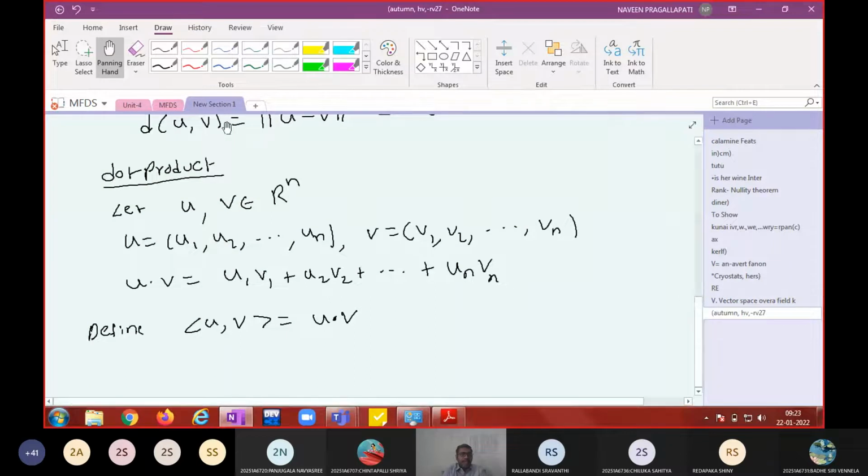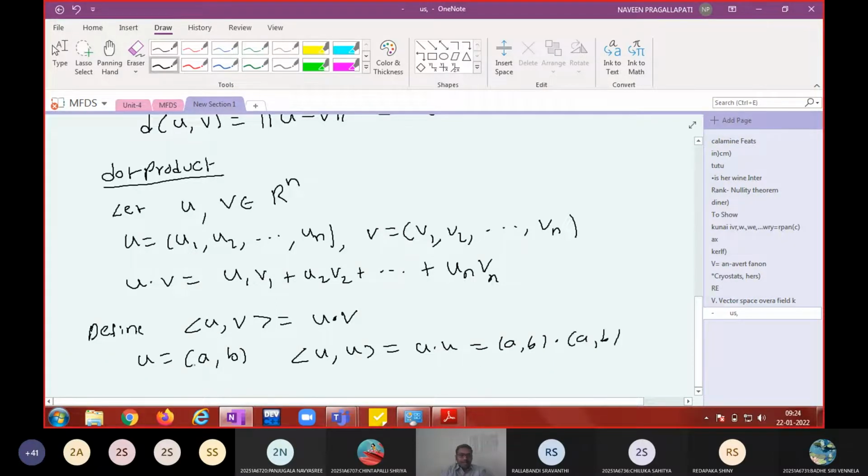You see, if I take u equal to something like a comma b, then what is the inner product of u comma u, which is u dot u. According to this definition, this is a comma b dot product with a comma b. So this is something like a i bar plus b j bar. So this is nothing but a square plus b square, greater than or equal to 0.